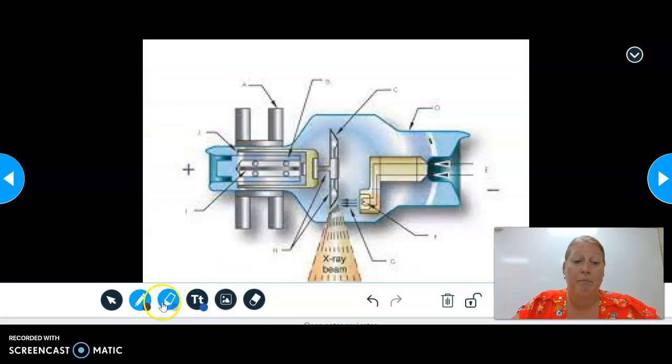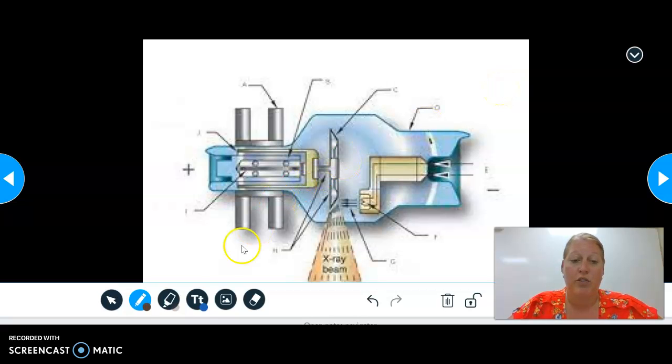I've created a diagram, a blank diagram for you to fill out. You definitely need to know the parts of the tube, and don't be confused, but this may be in opposite directions than other diagrams. So make sure you know which side is anode and which side is cathode. Maybe take a line down the middle to help you focus on the different parts.